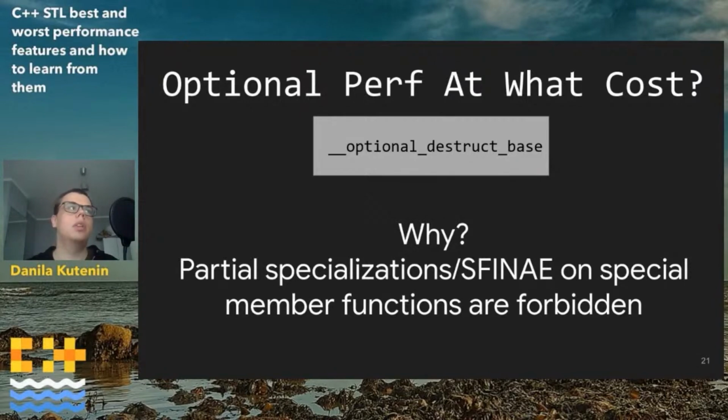Why does it happen? Actually, it happens because partial specializations or SFINAE on special member functions are forbidden. So you cannot say, hey, if the type is trivially copyable, define this copy assignment operator as default, or if it is not trivially copyable, just write your own copy with a branch.